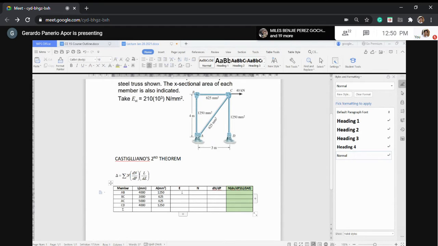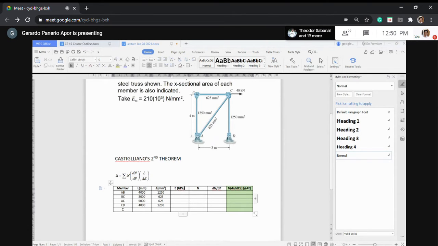How about the modulus of elasticity? We will use megapascal, or gigapascal. If that is gigapascal, that is 1,000 megapascal.